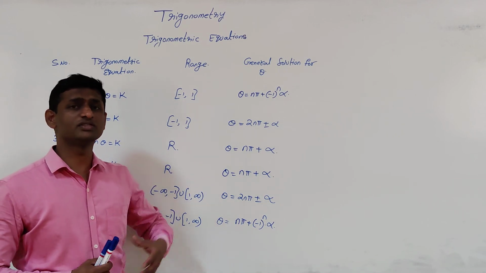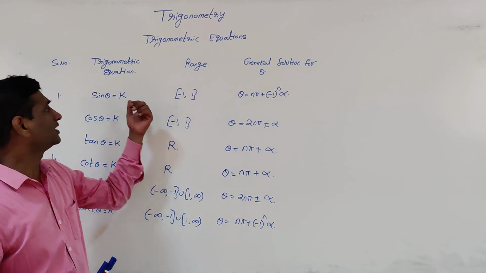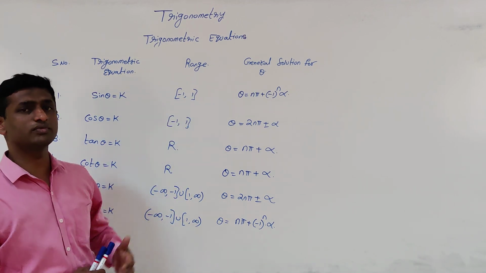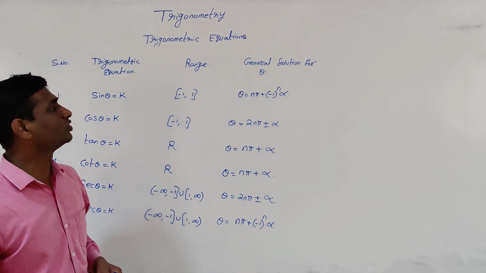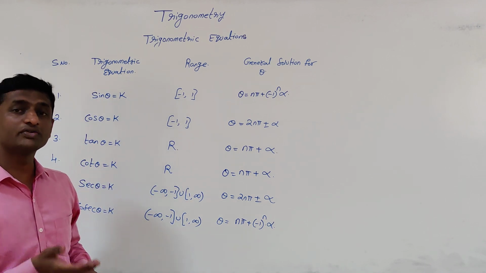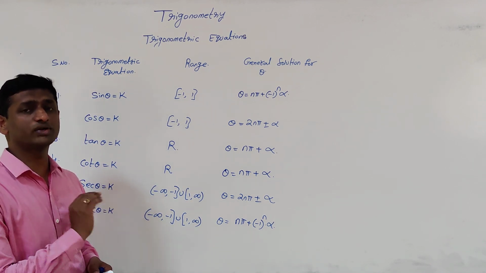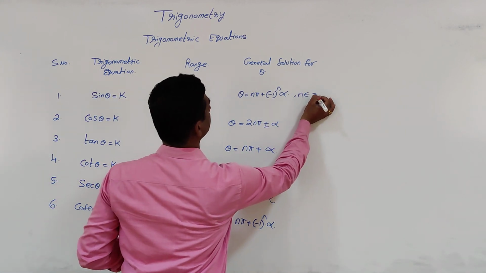So once again we will see the general solutions for the 6 trigonometric equations. First one is sin theta equal to k. The range is the closed interval minus 1 comma 1, and the general solution is n pi plus (minus 1) whole power of n into alpha, where alpha is the principal solution, and we have discussed how to find the principal solution also. And here n belongs to Z.